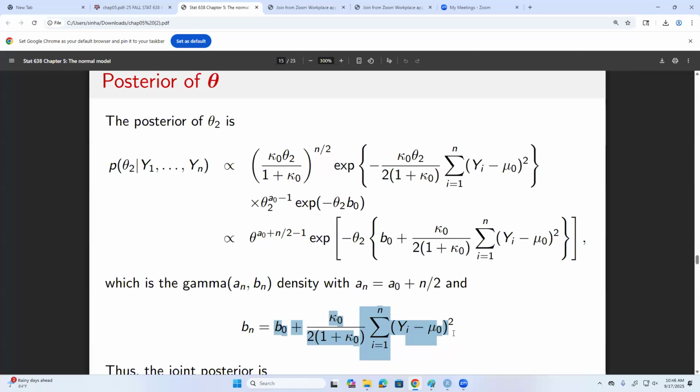So the posterior distribution of theta 1, theta 2 is the product of a normal distribution given theta 2, and that theta 2 follows a gamma distribution. So it's the same structure as the prior distribution, the normal gamma structure. Therefore, it is the conjugate prior for this normal family.